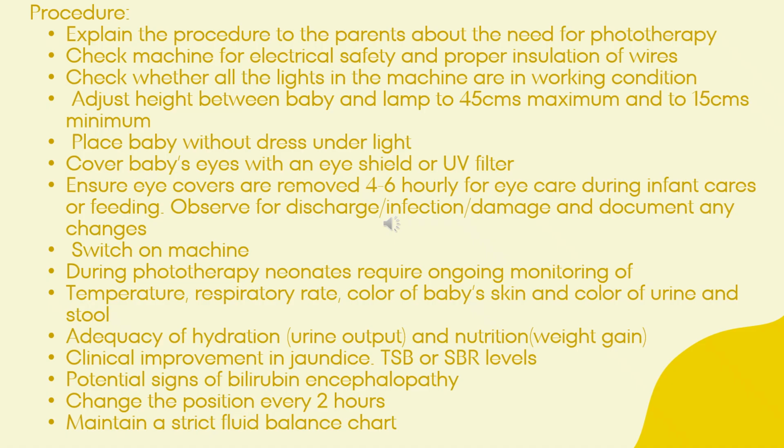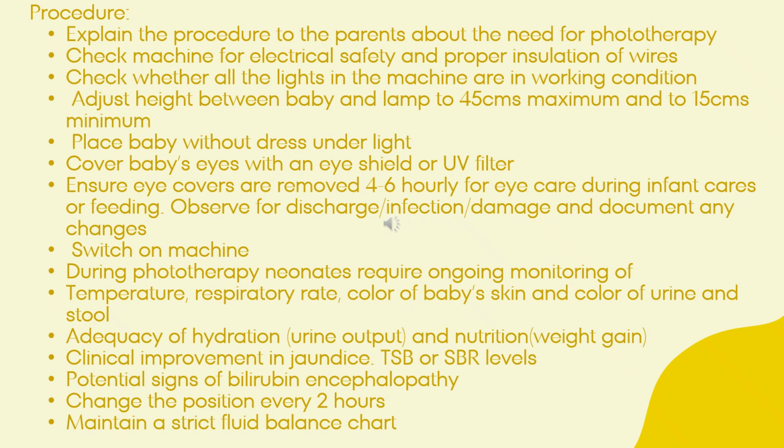Initially check the bilirubin level, the SBR, that is serum bilirubin level, between 0.3 to 1 milligram per deciliter is normal. TSB, that is total serum bilirubin, if it is less than 5 milligram per deciliter, it is normal.